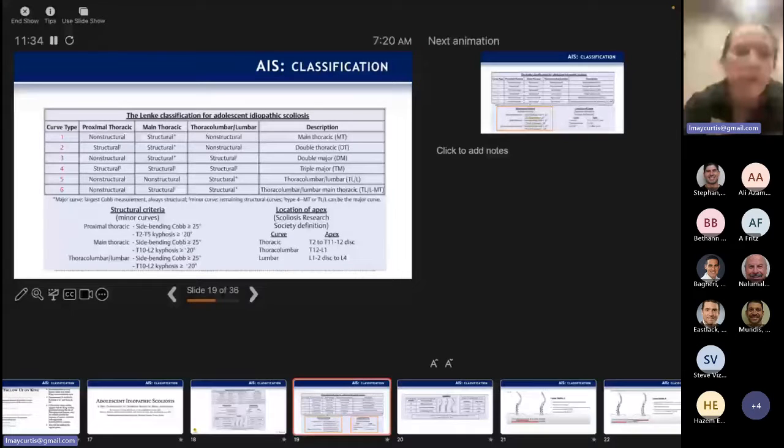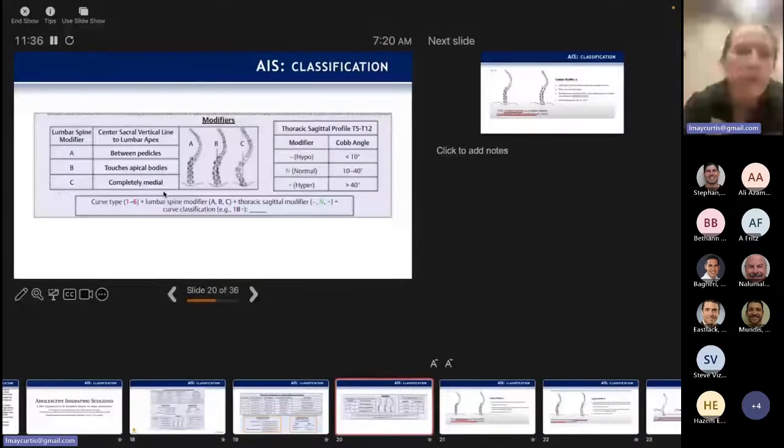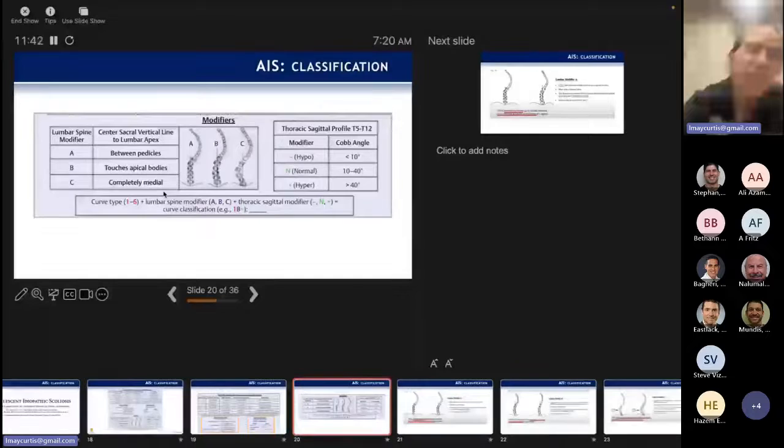And then once you've done that, you just need to figure out your modifier for your lumbar spine, which in Lenke's view is very important for figuring out the lowest instrumented level of fusion. To do that, you are going to get either A, B, or C, and you look at the relationship between the central sacral vertical line and the apical lumbar vertebra.